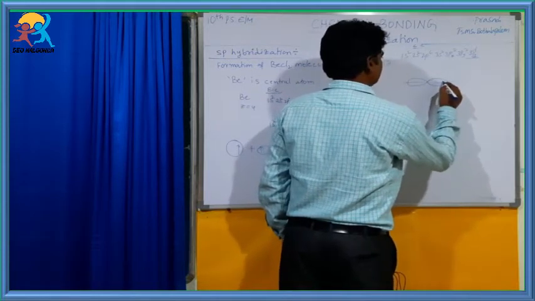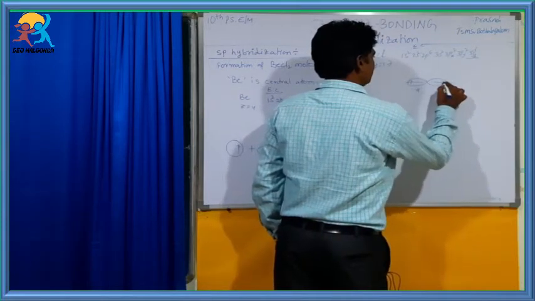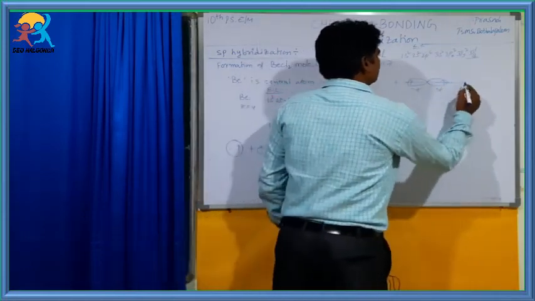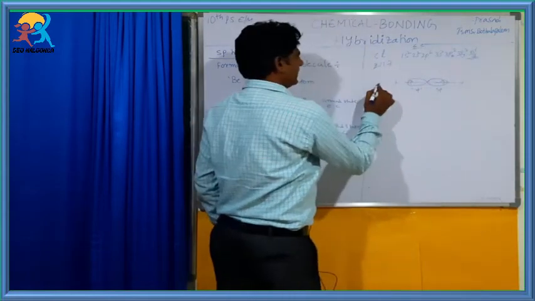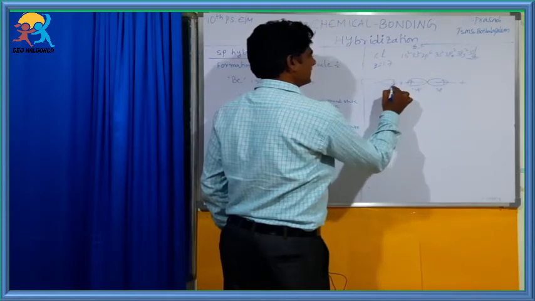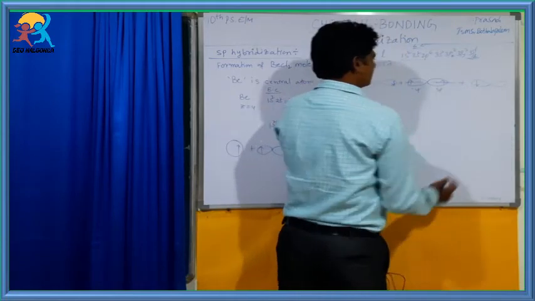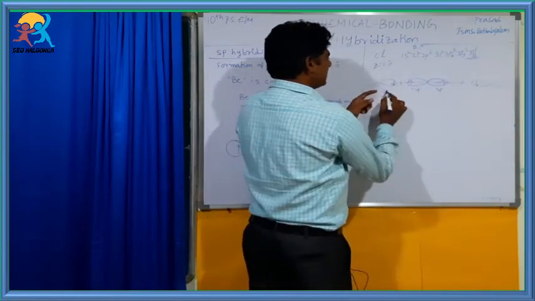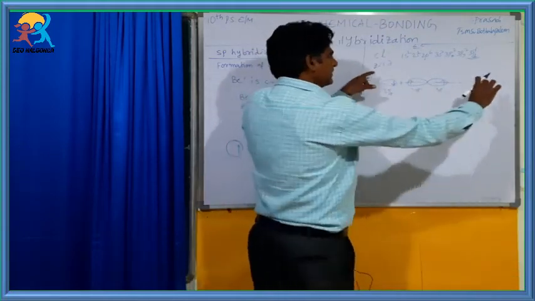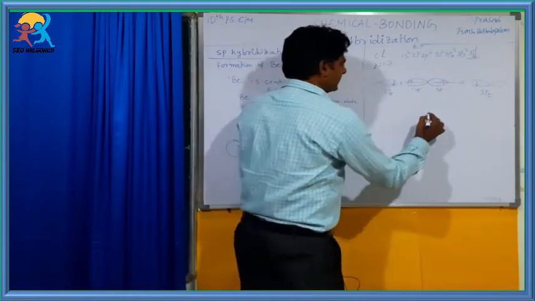These two are the sp hybrid orbitals of the beryllium atom, which contain unpaired electrons, and the 3pz orbitals of the chlorine atoms also contain unpaired electrons. These two 3pz orbitals overlap with the sp hybrid orbitals of the beryllium atom, like this.